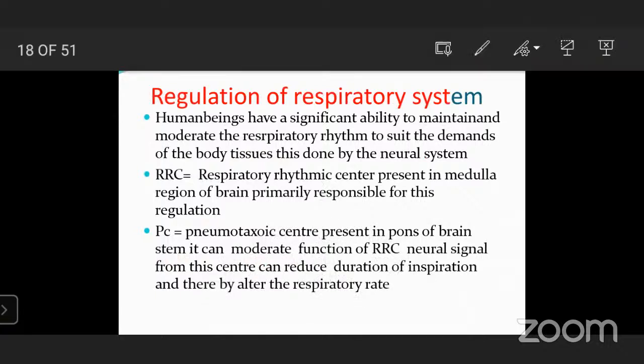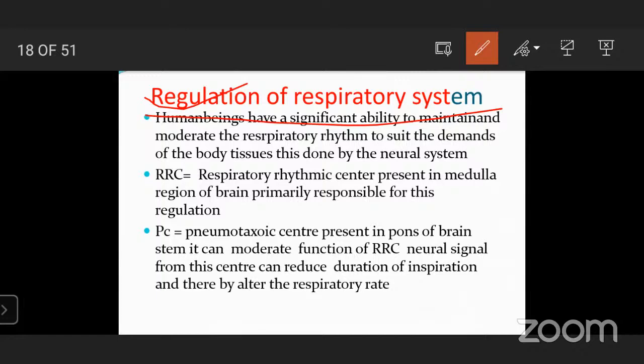Another very important side heading is the regulation of the respiratory system, a 4 marks question, very important at the IPE level. What is regulation of the respiratory system?